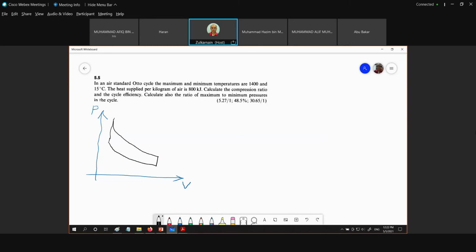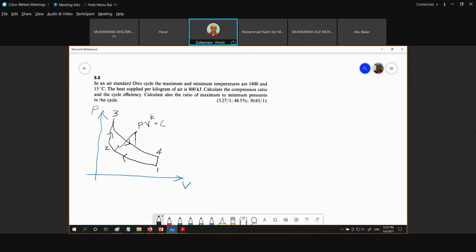This is state 1, state 2, state 3, and state 4. We have a process of 1 to 2, 2 to 3, and 3 to 4. And we know that the compression and expansion processes follow PV to the power of K equal to constant, which is isentropic compression 1 to 2 and isentropic expansion 3 to 4.